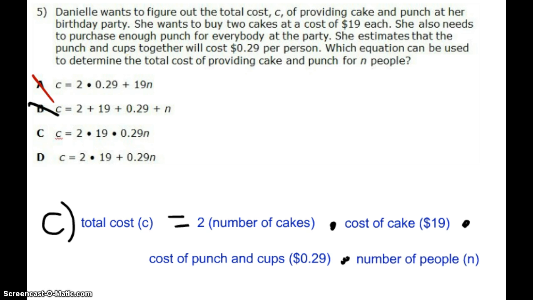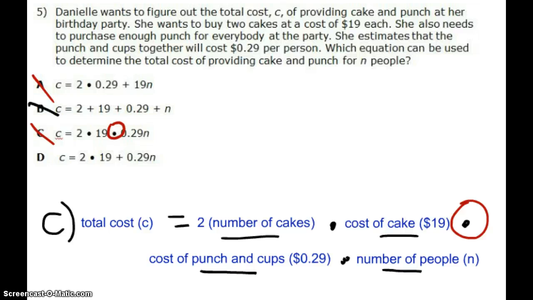This looks pretty good, because it's 2 times the number of cakes and then the cost of the punch times the number of people, but the problem is this multiplication sign right here. Am I going to multiply my 2 costs together? When you try and find the total of something, do you multiply all your costs together? No, you don't, so it's not C.